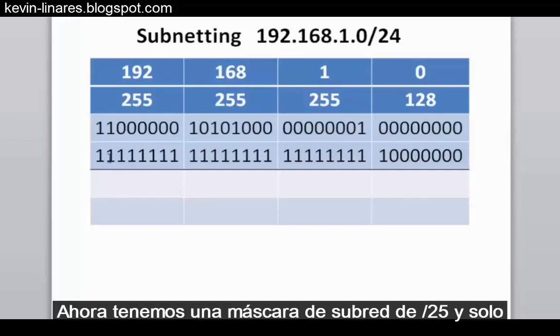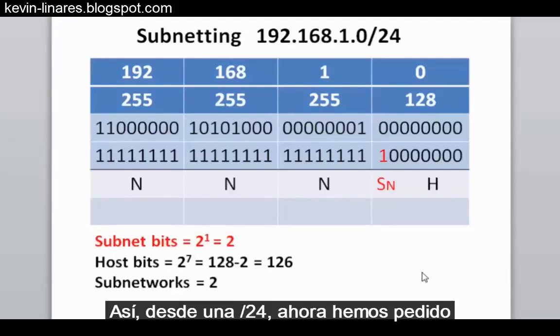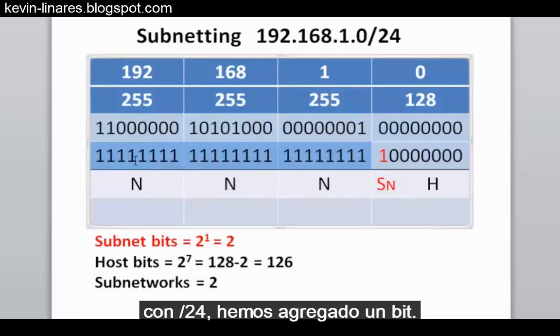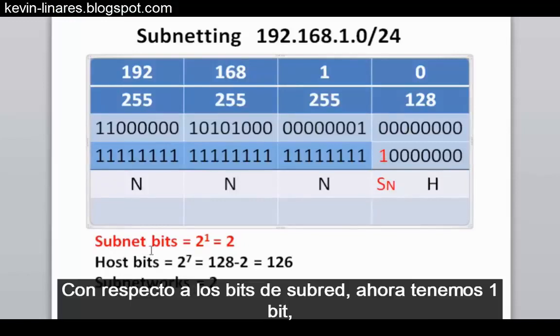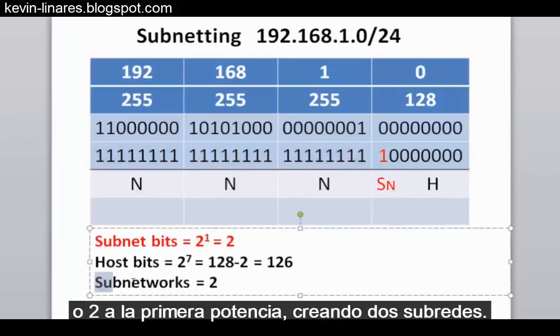This completely changes the nature of the network. We now have a /25 subnet mask, and we only have 7 host bits. So starting from a /24, we have borrowed 1 bit from the host portion. We call this 1 bit a subnet bit. Subnet bits: we now have 1 bit, or 2 to the first power, creating 2 subnetworks.